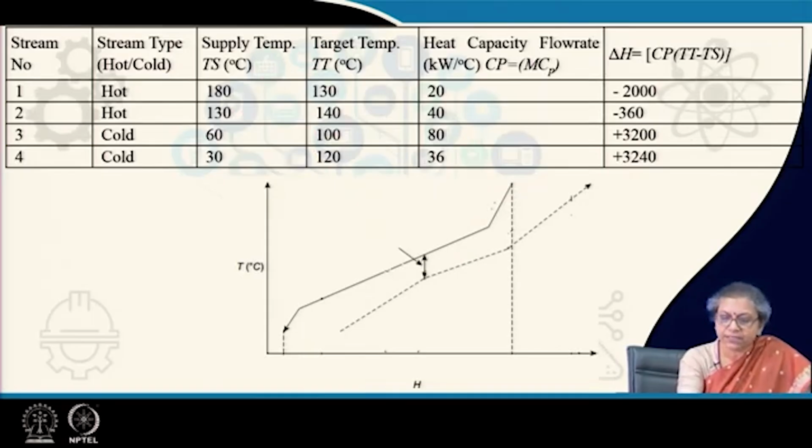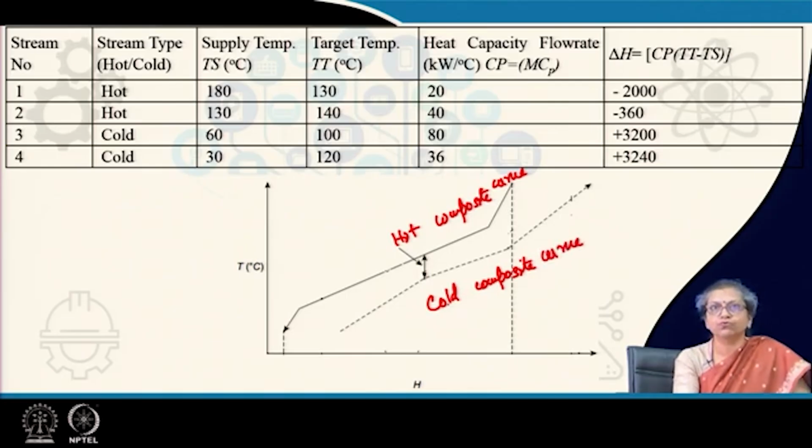Now, once these are drawn, just like the single two stream problem, here also these slopes are fixed. The start and end temperatures are fixed. This is the hot composite curve, and just like I had told for the two stream problem, the hot composite curve is always located above the cold composite curve, just to show the feasibility of exchange.